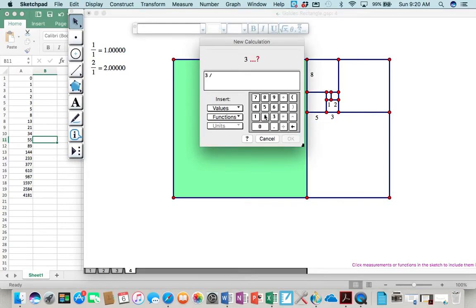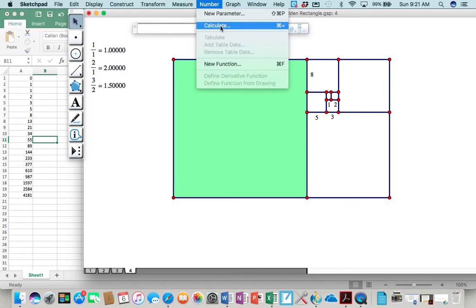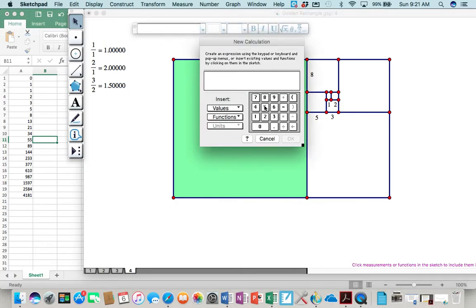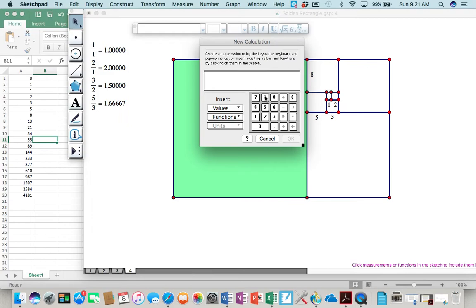3 divided by 2 equals, ooh, okay, getting closer to the golden ratio, maybe? Well, let's try 5 divided by 3. I actually know the answer to this one, that's close to the golden ratio, and let's just do a few more to see where this goes.